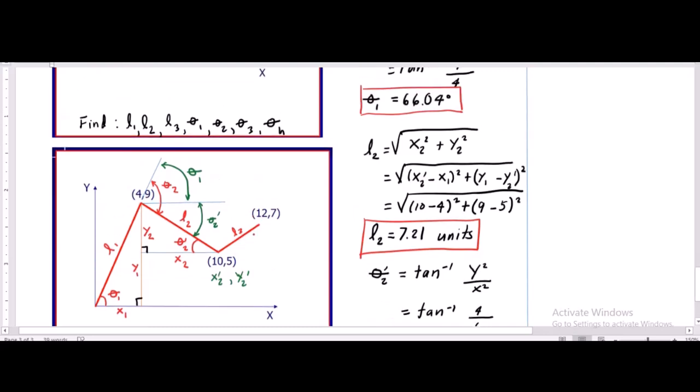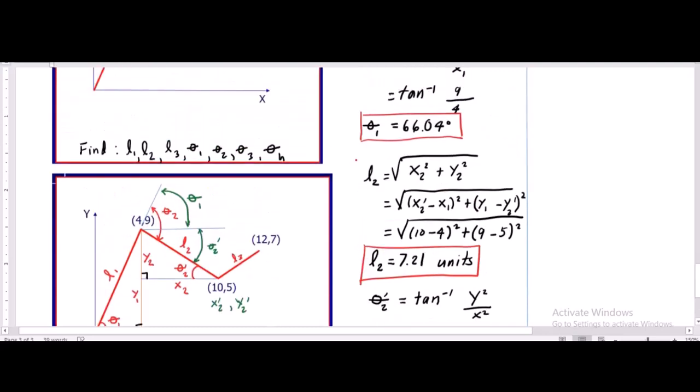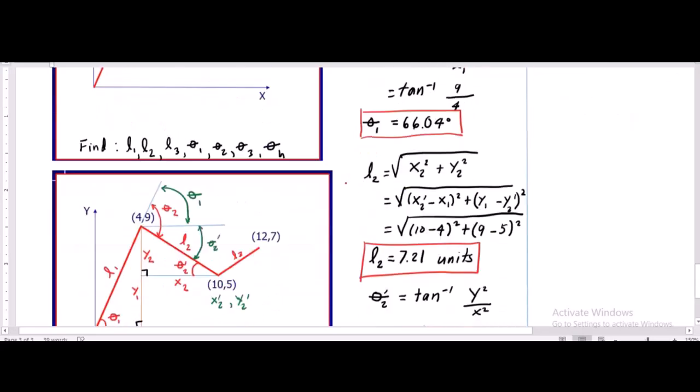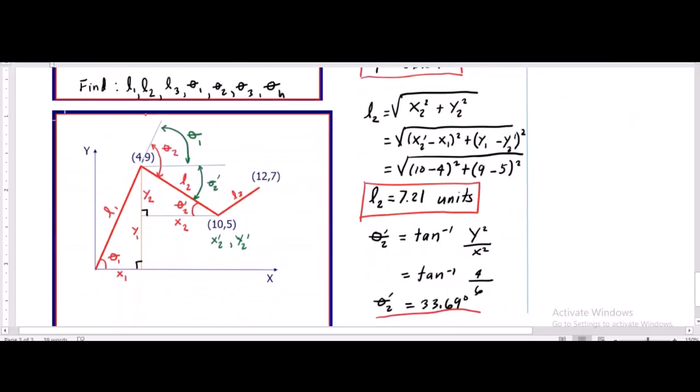So this is the L3. How are we going to calculate for the L3? Before that, we need to establish or form a triangle. So here, project a horizontal line here.